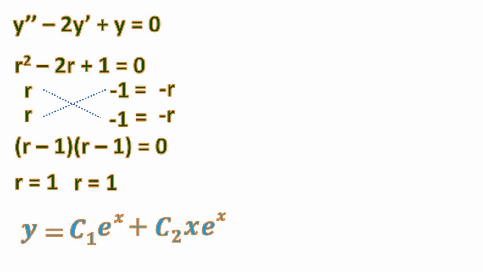So that's how you write it if it's repeated. If it's repeated thrice, then the next one will be plus c sub 3 x squared. If it's 4 times, then the next will be plus c sub 4 x cubed. Still, it's always with e raised to the x. So that's it for this example.